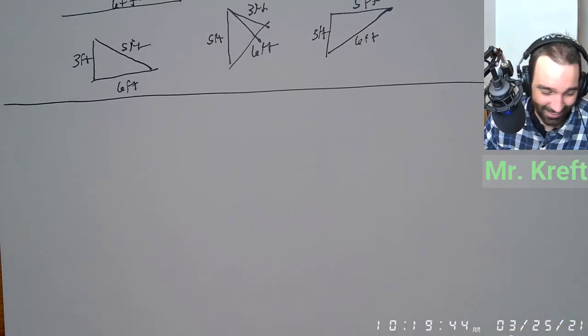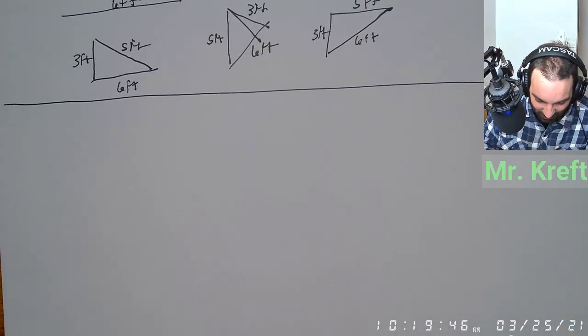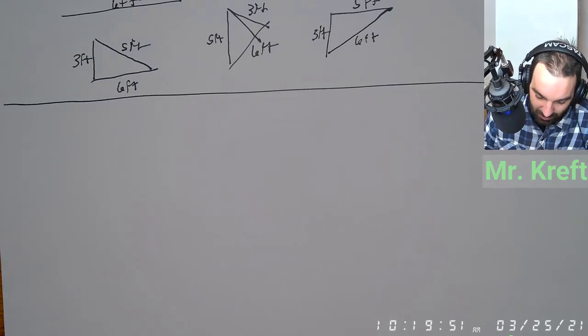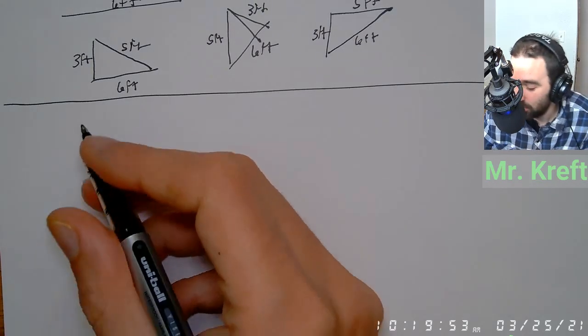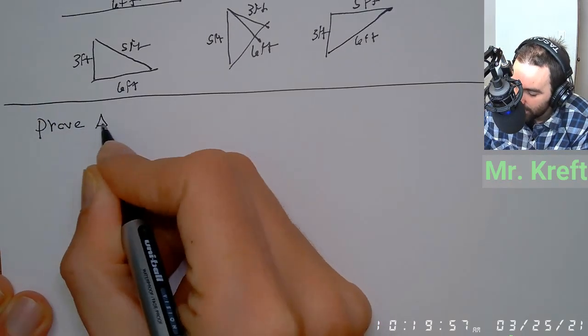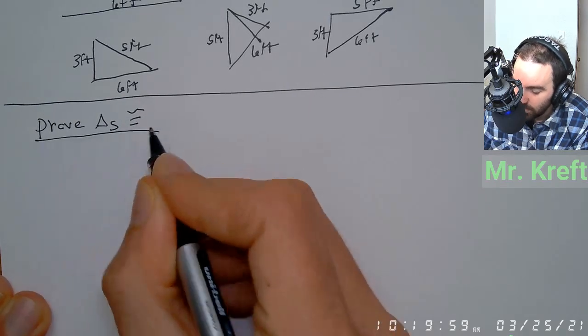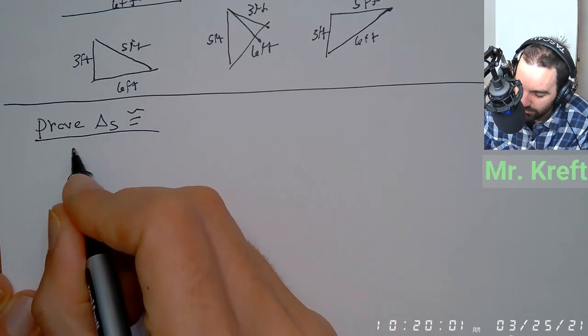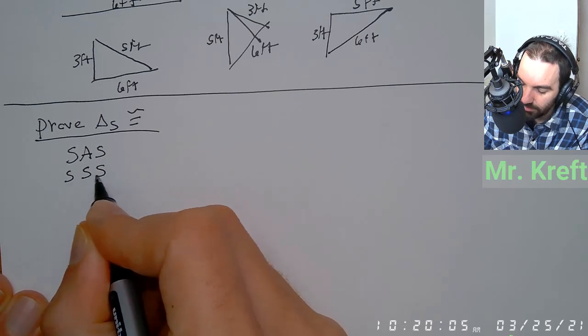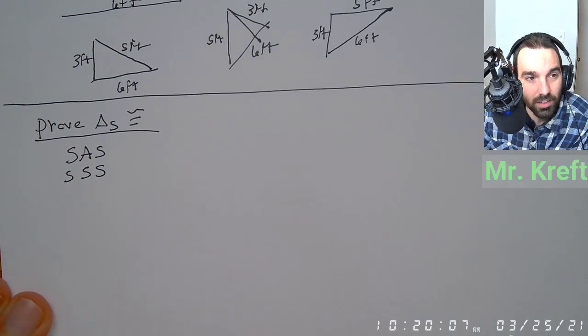Let's get through this lesson. We're going to do some proofs together, some practice, and then we're going to be on our way. So to prove triangles congruent, we now have two ways: SAS and SSS.